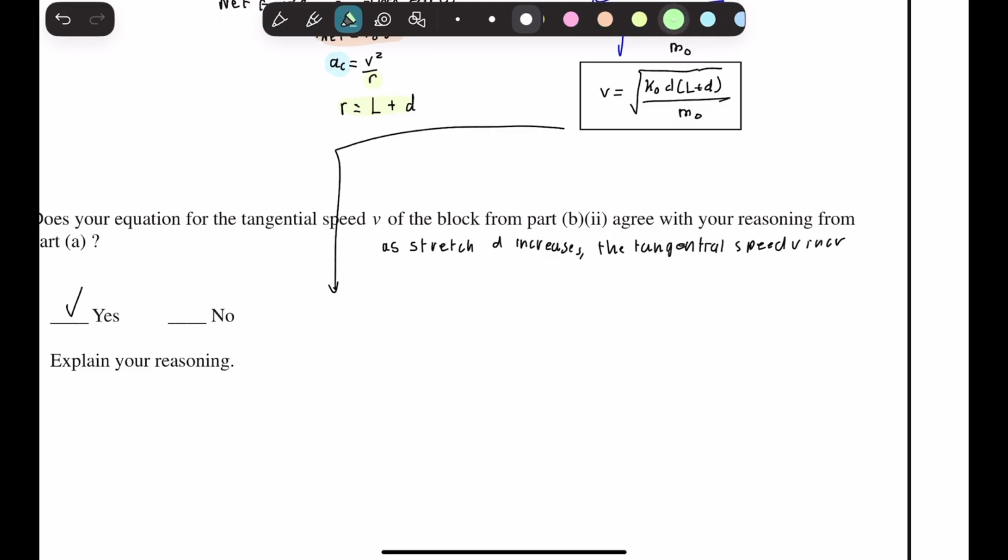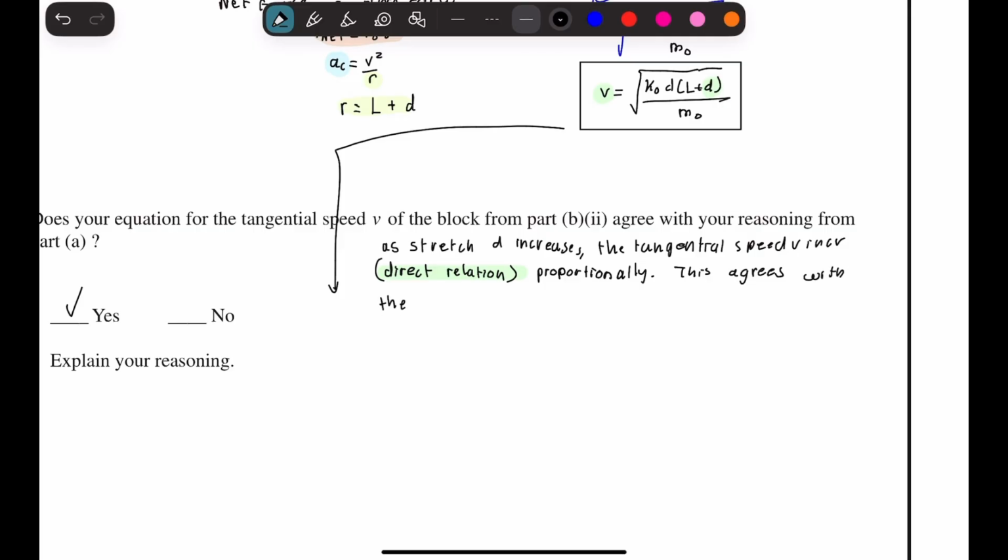We can see that they're directly related, so this agrees with the reasoning in part A.